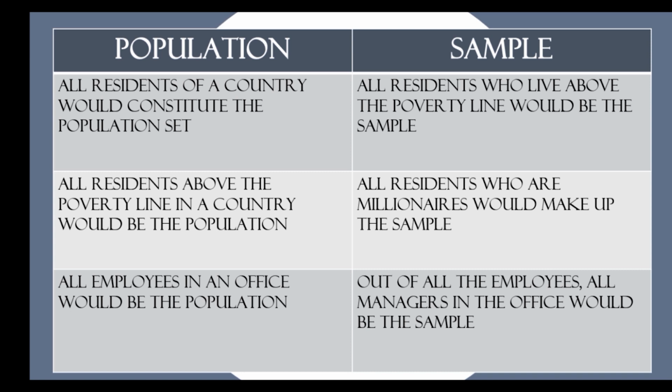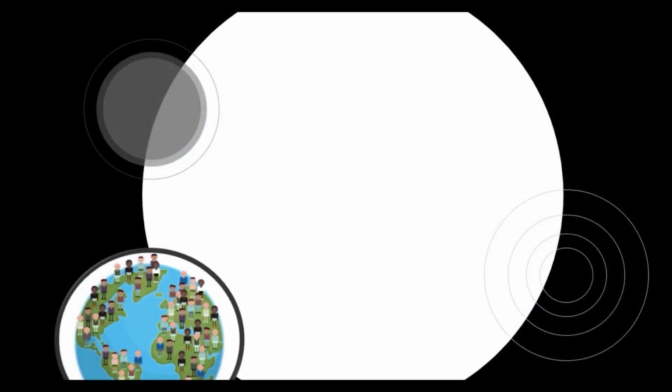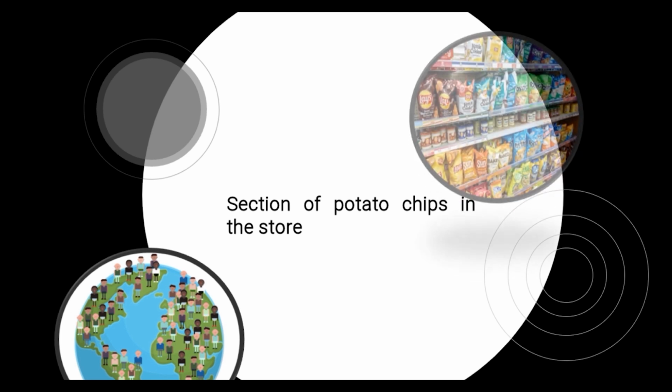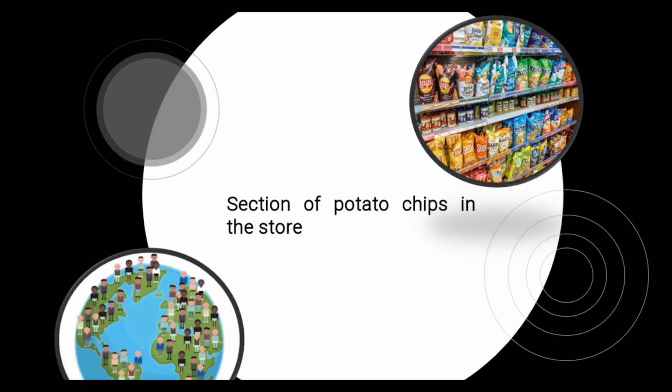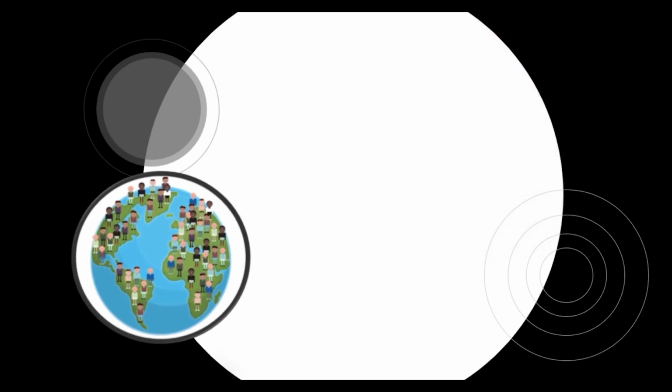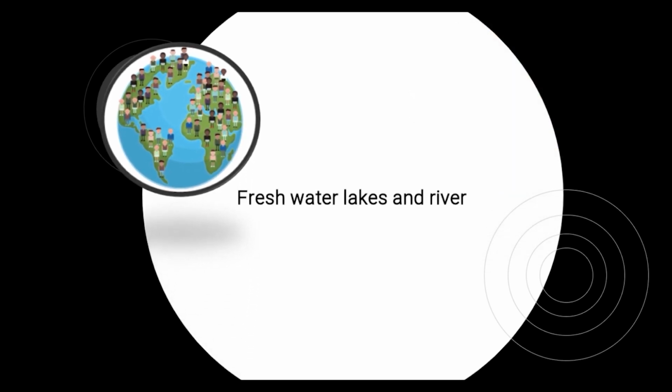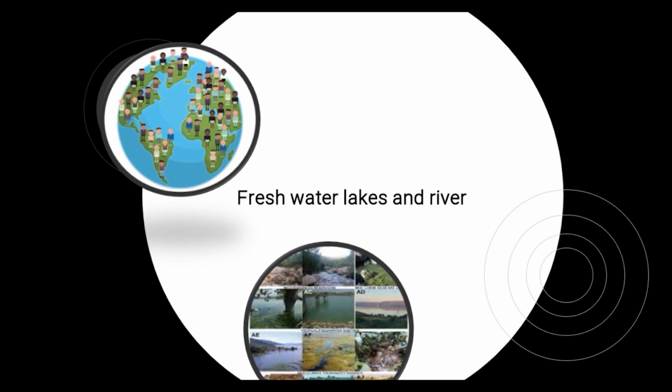So, for you to really understand the population and sample, I prepared another example. Example number one for the population is the section of potato chips in the store. The second is the freshwater lakes and rivers.